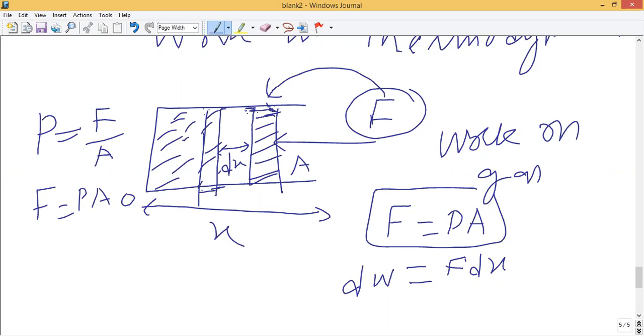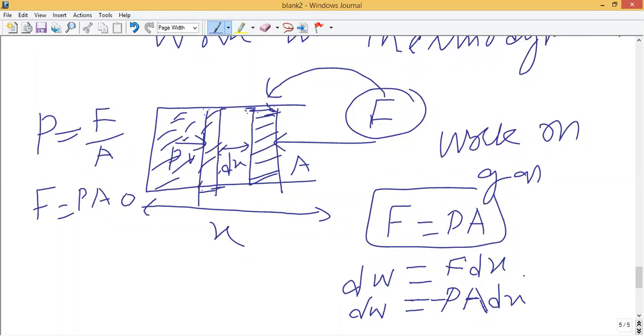Gas is applying force in this direction, that is P into A. So you can write dW equals minus PA dx.